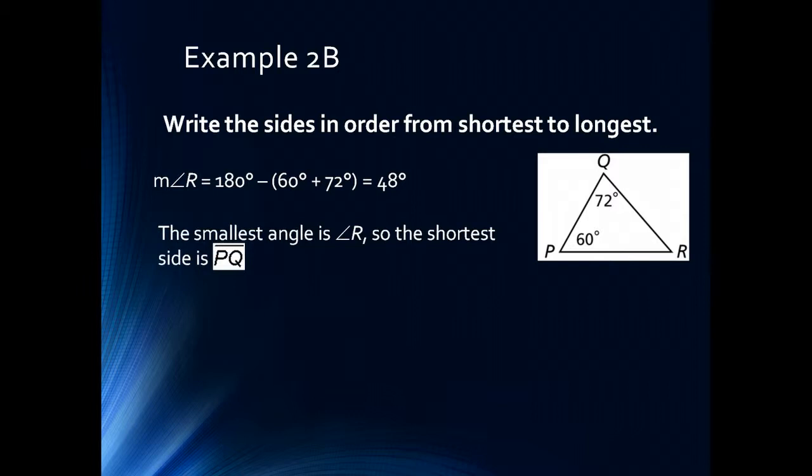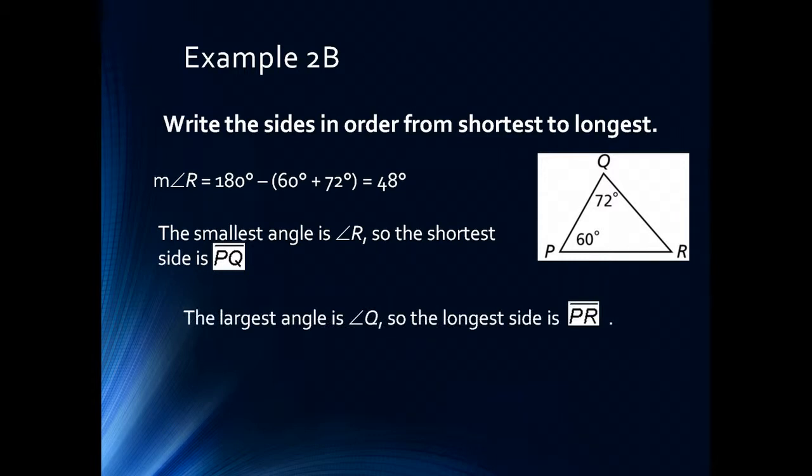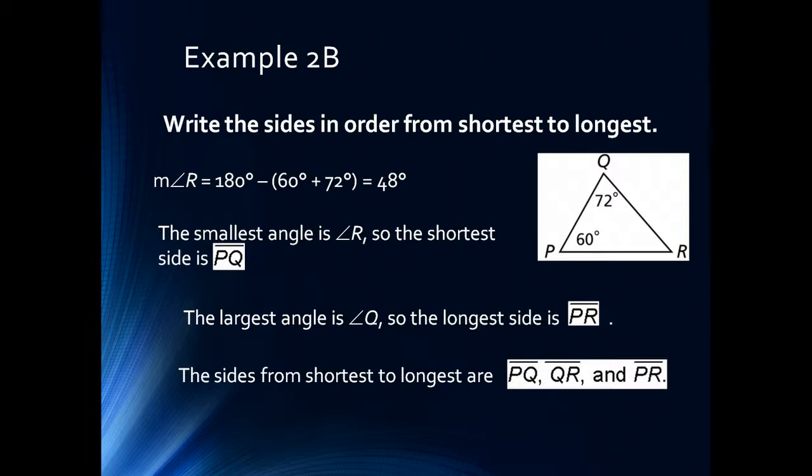The smallest angle is R, so the shortest side is PQ. The largest angle is Q, so the longest side is PR. If we want to order them from shortest to longest, we say PQ, QR, and PR.